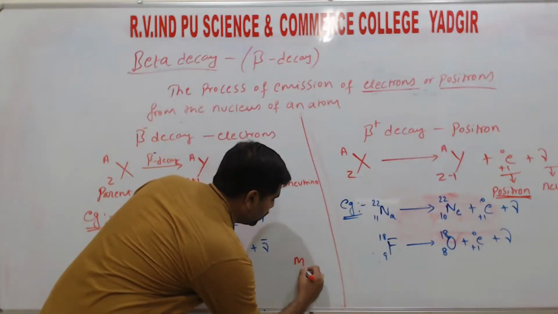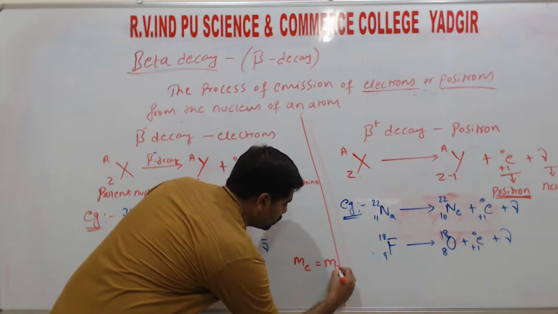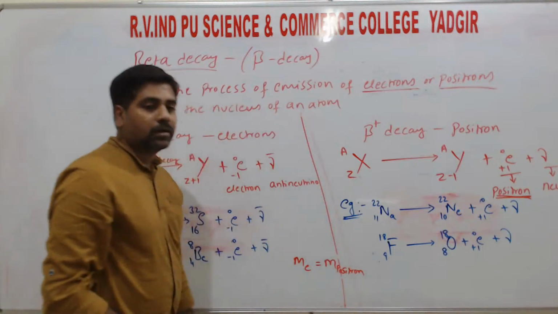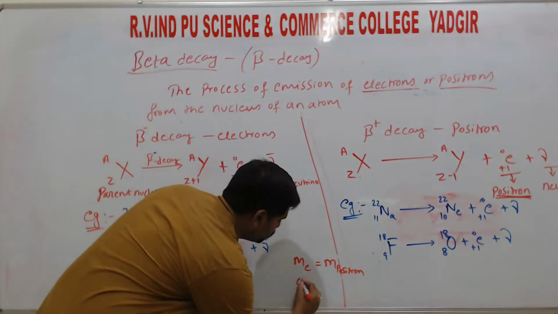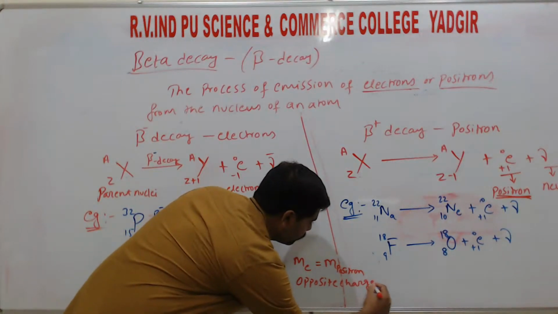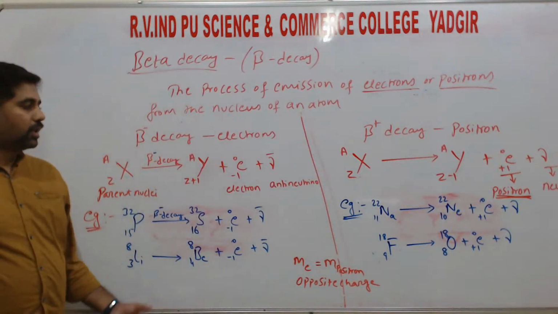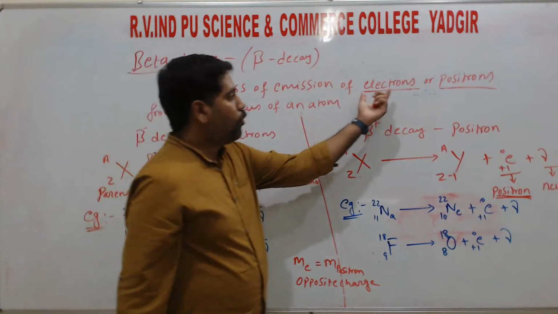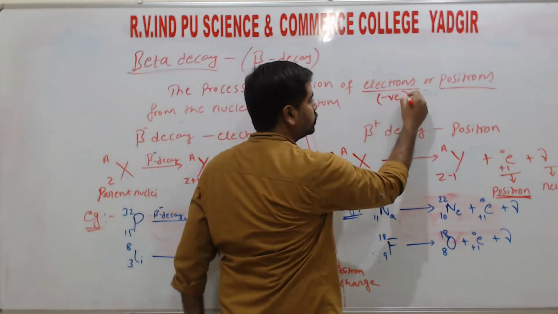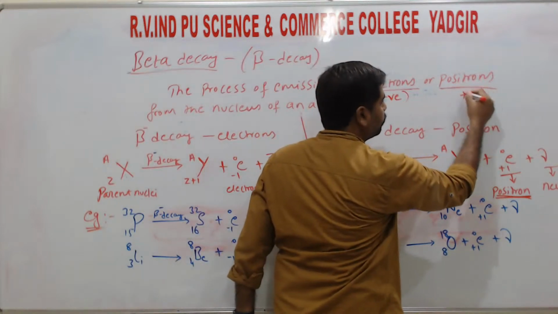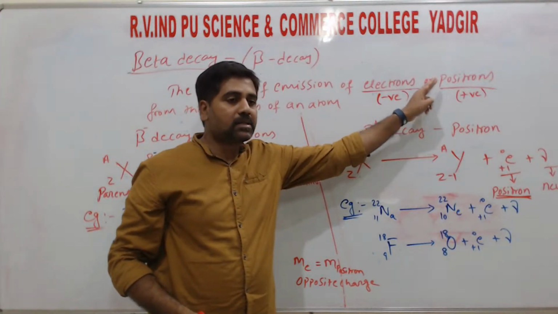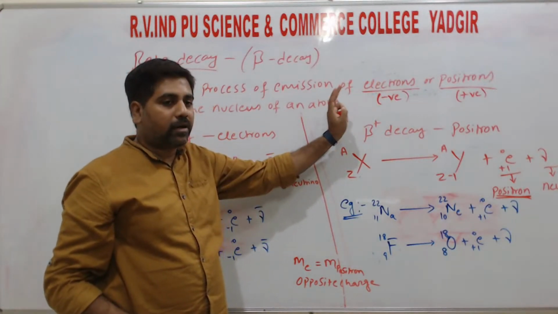Both are the same, but they have opposite charge. That is the difference between the electron and the positron. The electron is negatively charged, the positron is positively charged, and both have the same mass.